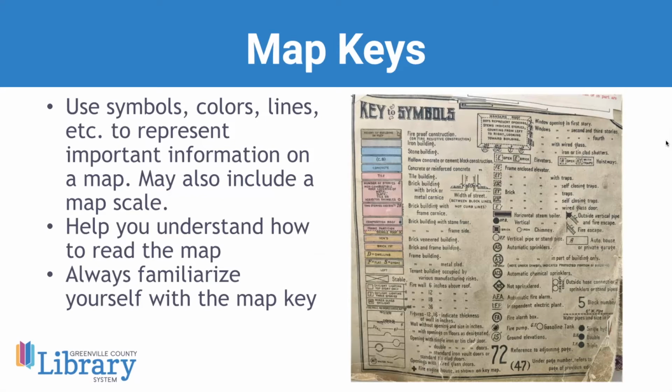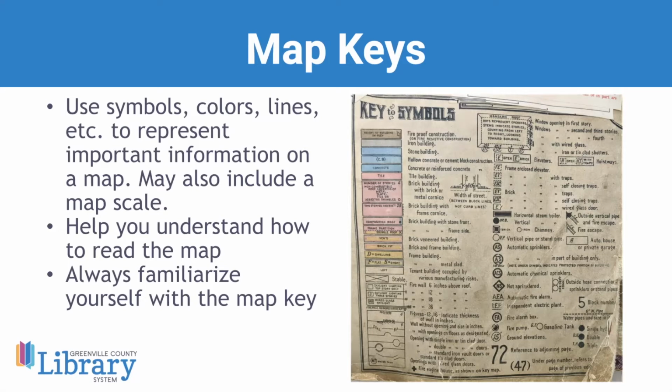And this is going to portray some very important information that's going to help you understand the map. Sometimes it'll also include your scale, so you can measure distance and get an idea of how close or how far things are.